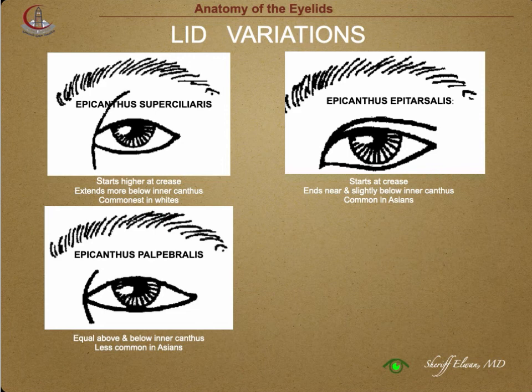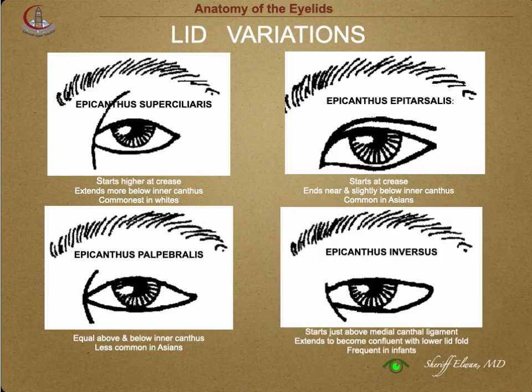Third is the epicanthus palpebralis, and here the medial canthal fold is equal above and below the inner canthus, and this is a less common variety in Asians. And finally, the epicanthus inversus, which starts just above the medial canthal ligament and extends to become confluent with the lower lid fold, and this one here is frequent in infants.